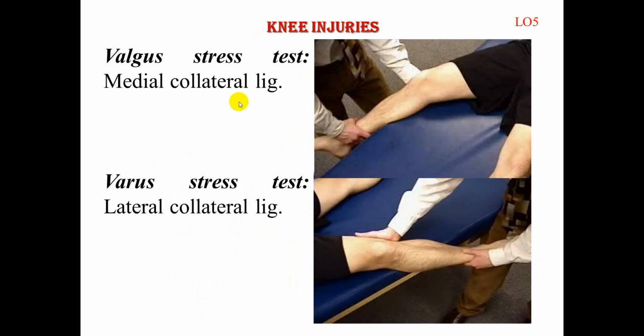This is a test to assess the integrity of the ligaments. This is called the valgus thrust test for the medial collateral ligament. You put your hand on the lateral side of the lower limb just above the knee. The other hand pushes the leg laterally to assess any opening up of the joint medially.